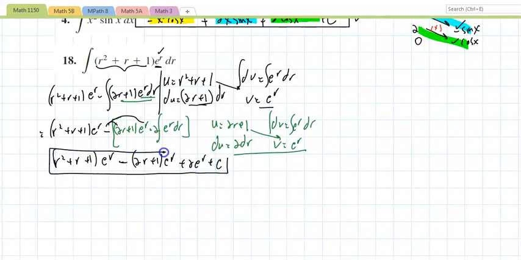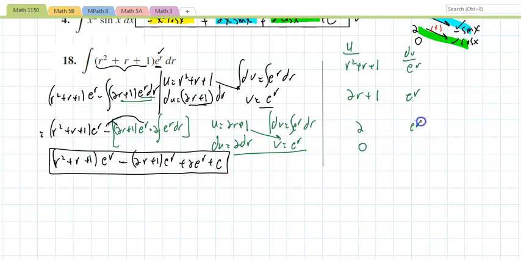And let's make sure we see solid how this works. Somebody might have looked at this and said, wait a minute, I'm going to go for the shortcut. I'm going to let this be r squared plus r plus 1. A derivative would be 2r plus 1. A derivative will be a 2 and a derivative will be a 0. dv is simply e to the r, integrate, integrate, integrate, and if I multiply across, start with a positive, alternate on the signs, there it is.